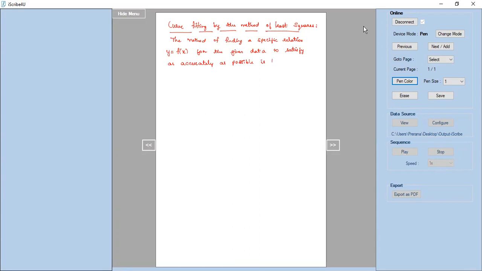This is known as the method of least squares.